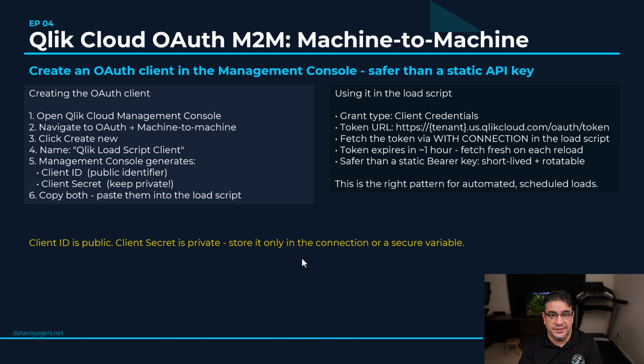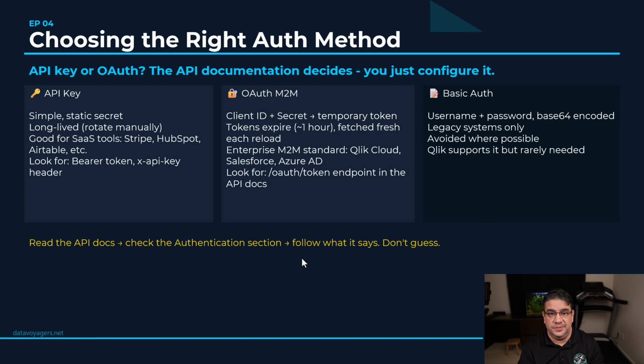Again, it changes depending on how your REST API is implemented in your client. Okay, and so when to use what, right? It depends, because it's not up to us most of the time to decide which one to use.